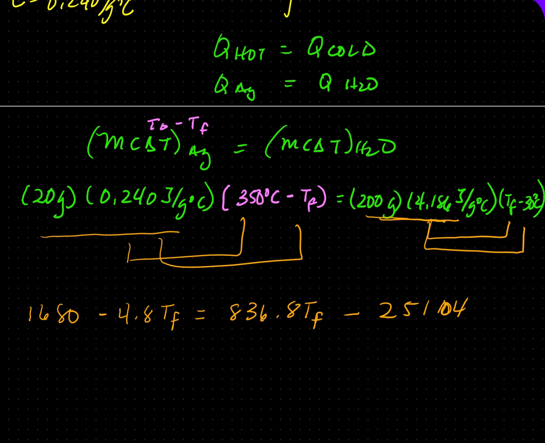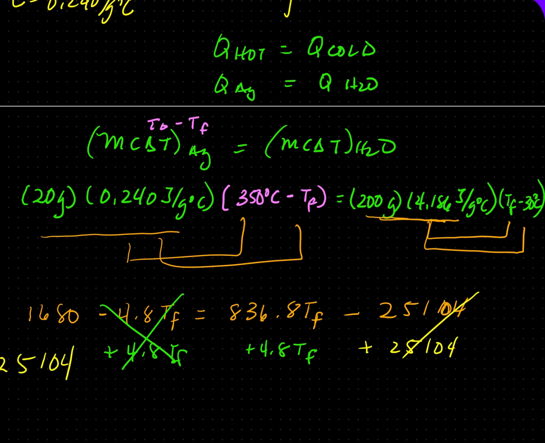Now I'm going to simplify. I'm going to get all the TFs to one side. Since this 4.8 is subtracted, I'm going to do the opposite. Add 4.8 T final to both sides. So that cancels out. I'm going to move my 25,104 to the opposite side by adding to get rid of it. Now I'm going to clean it up a little. I'm going to add 1680 to 25,104 to get 26,784.